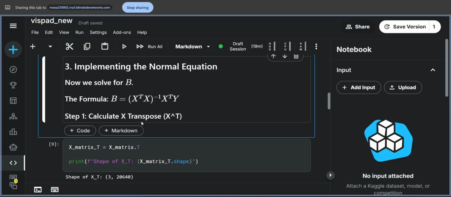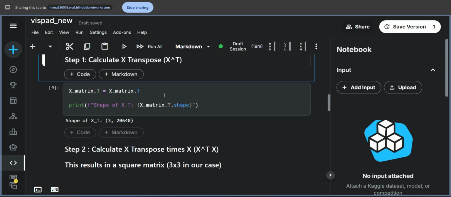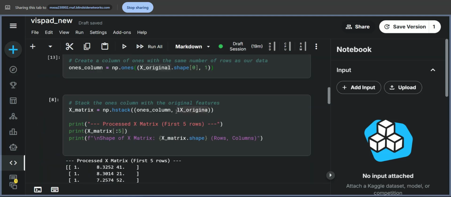So first we get our transpose, which is xt, because we have the transpose to multiply with the feature matrix, and then the transpose to multiply with the target. Here we have a 2D matrix, so we are going to use dot T to get our transpose.